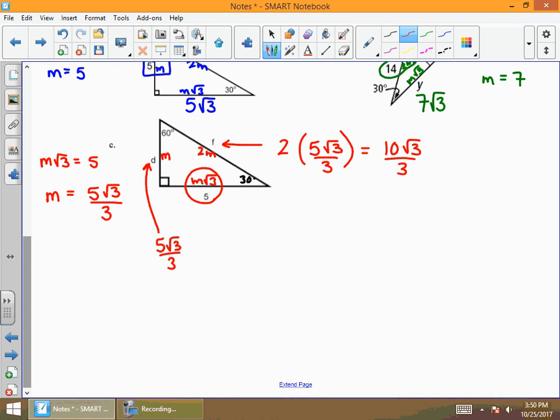That's the answer for f. So that triangle is 5 radical 3 over 3, 5, and 10 radical 3 over 3. And lo and behold, if you were to do Pythagorean theorem to those 3 sets of numbers, even with all the radicals, the Pythagorean theorem would work. They're not triples, but they do make a right triangle.